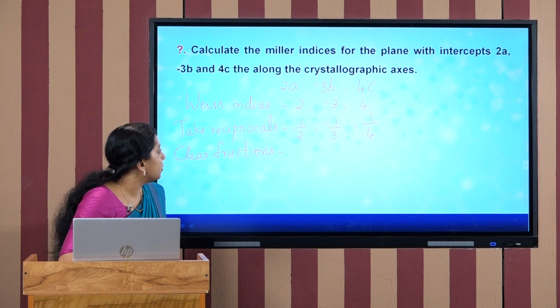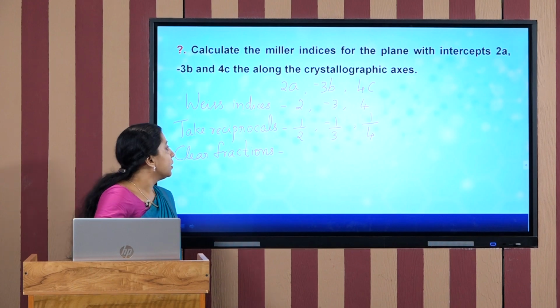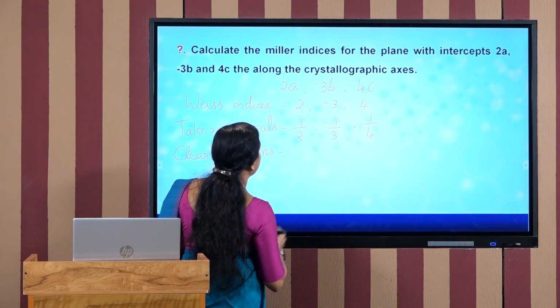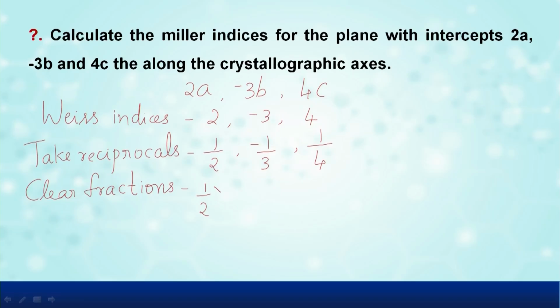On the denominator we have 2, 3 and 4. So, if we multiply this by 12: 1 by 2 into 12, then minus 1 by 3 into 12, then 1 by 4 into 12. So, 12 by 2 we have 6, 12 by 3 is 4 and 12 by 4 is 3.